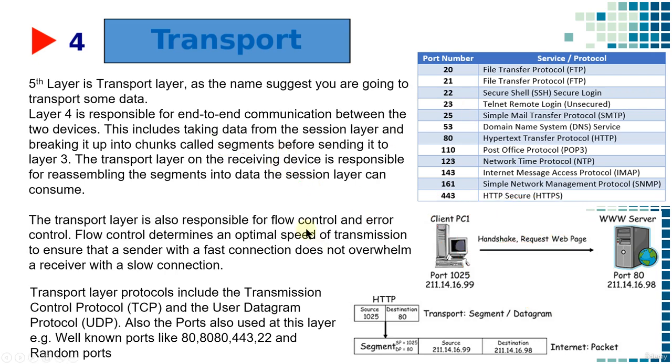Before sending it to layer 3, the transport layer on the receiving device is responsible for reassembling the segments into the data the session layer can consume. As I said earlier, the 1 GB of data that is divided into chunks will be sent to the server, and the server will be responsible for reassembling this data.